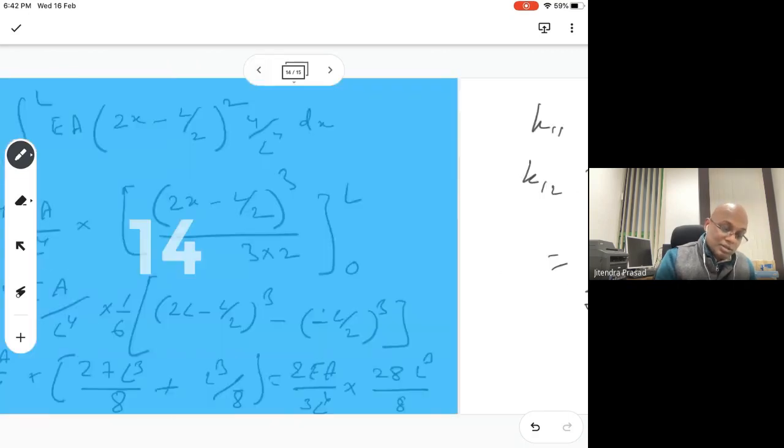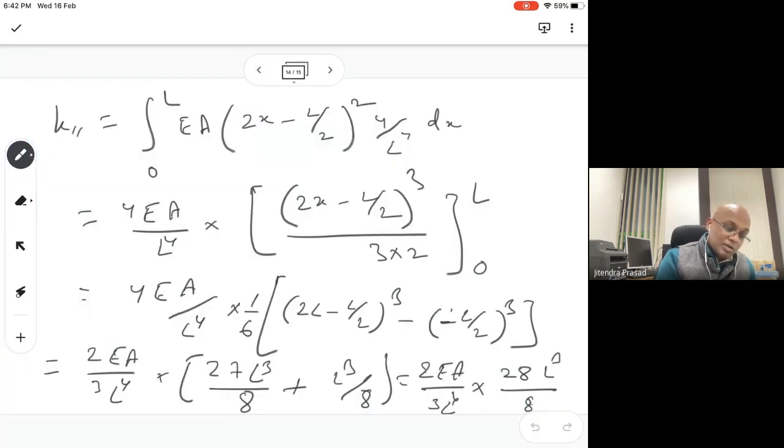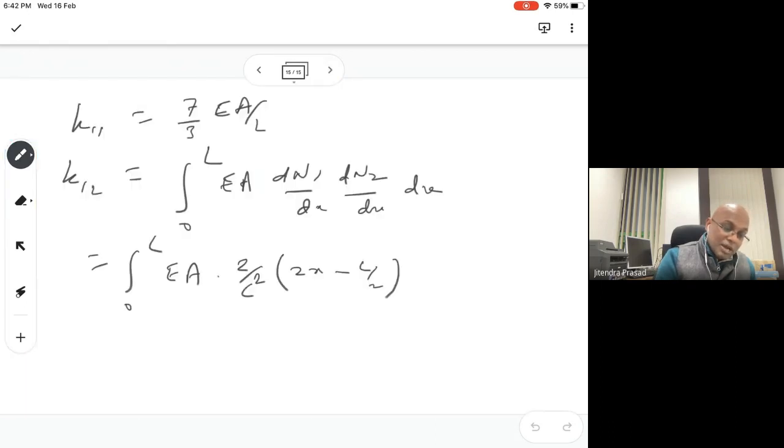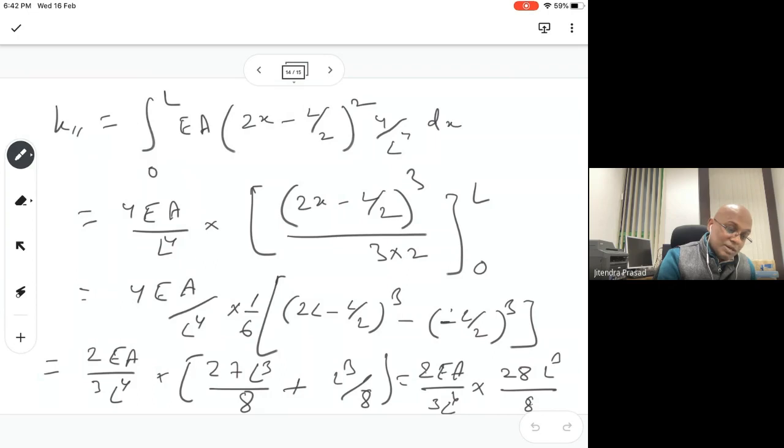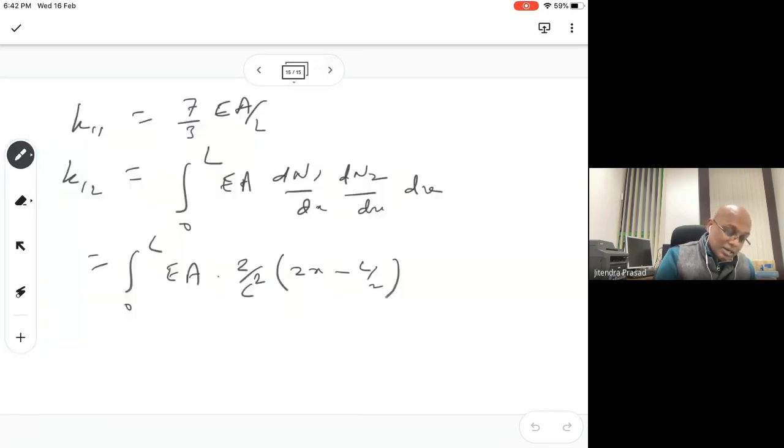That's what we got. Multiplied by the second one, dN2 over dx. Now N2 is equal to what? N2(x).